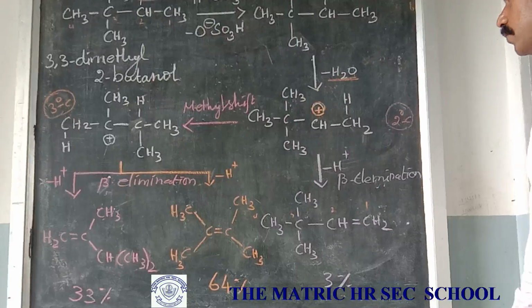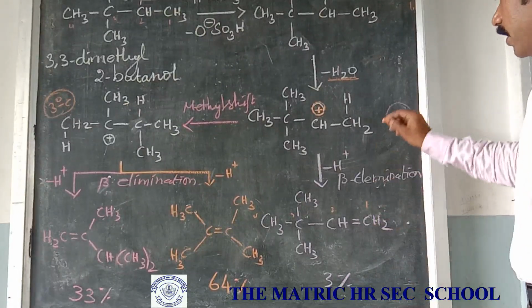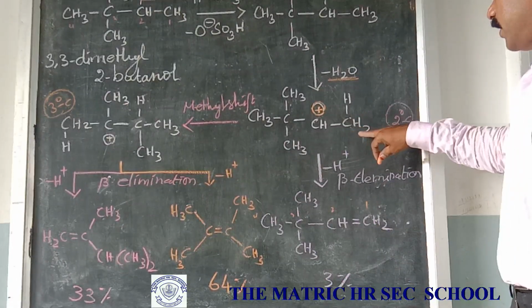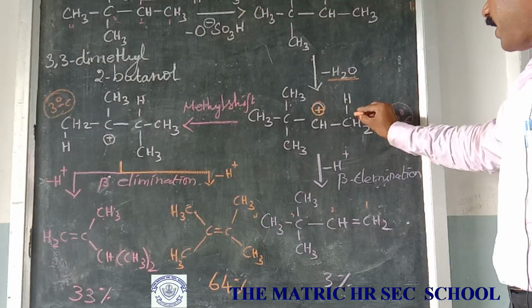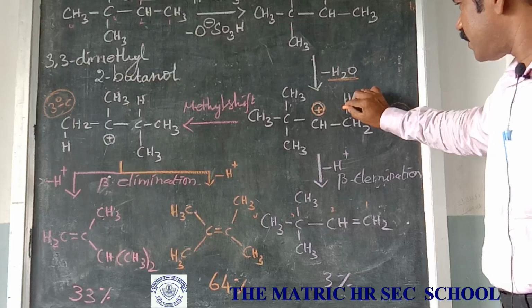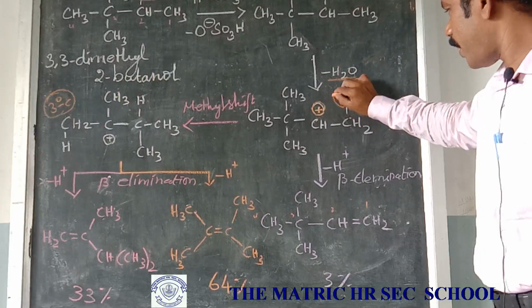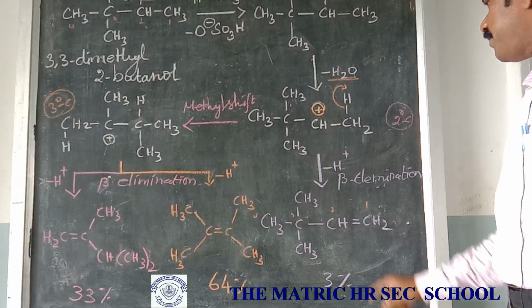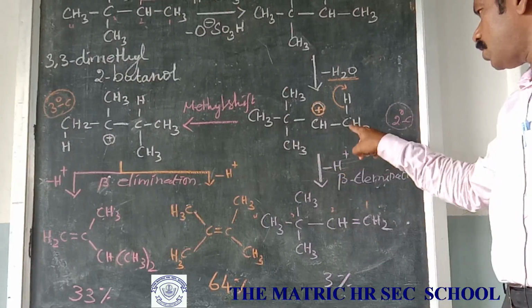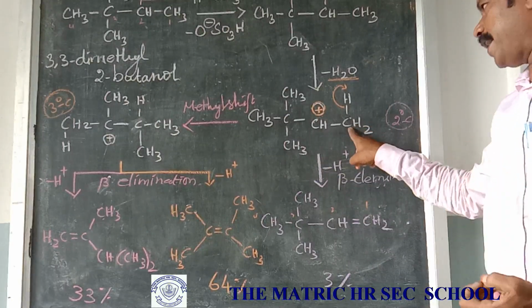This compound, how will I get it? The hydrogen is eliminated. The hydrogen accepts the proton and is eliminated as minus H plus. So the carbon gets the negative charge.